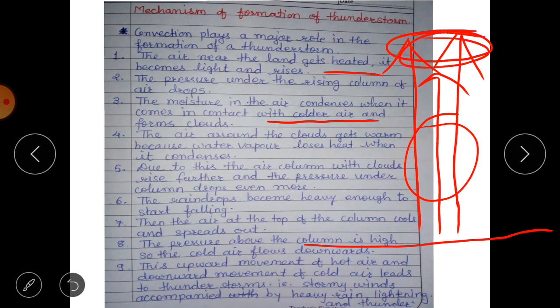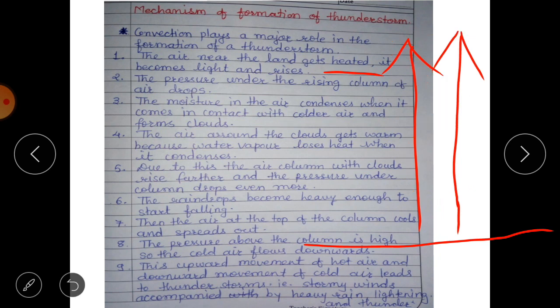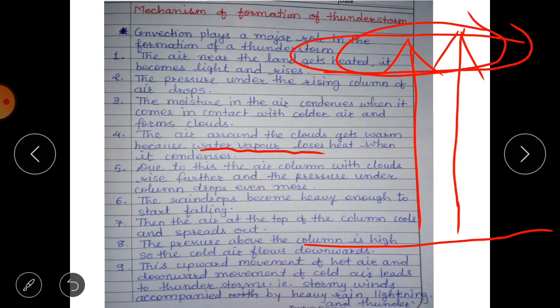Then the air around the clouds gets warm because the water vapor loses heat in condensation. We know that in condensation water vapor loses heat, and because of this heat, the air around the clouds becomes warm.